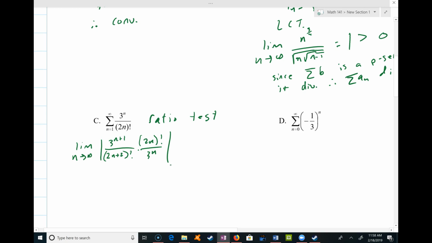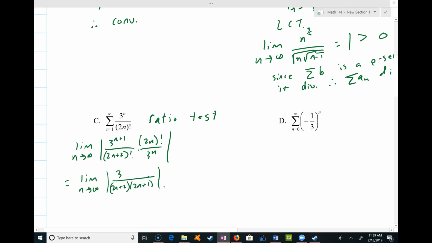And so then the 3 to the n plus 1 and 3 to the n cancel out, leaving a 3. And the 2n factorial and the 2n plus 2 factorial cancel out, leaving a 2n plus 2 on the bottom times 2n plus 1.